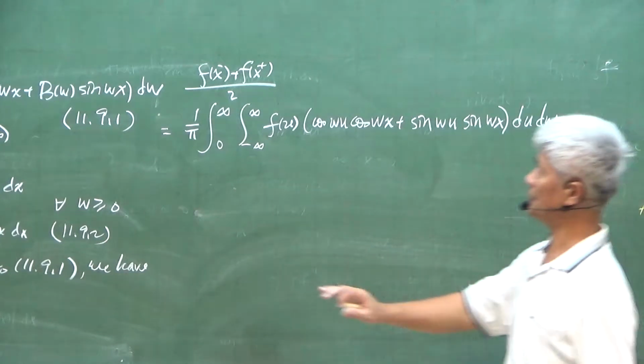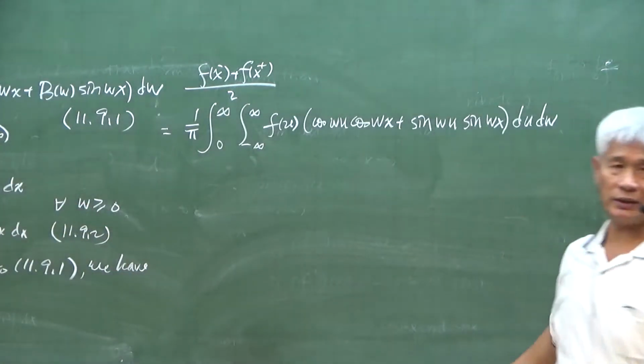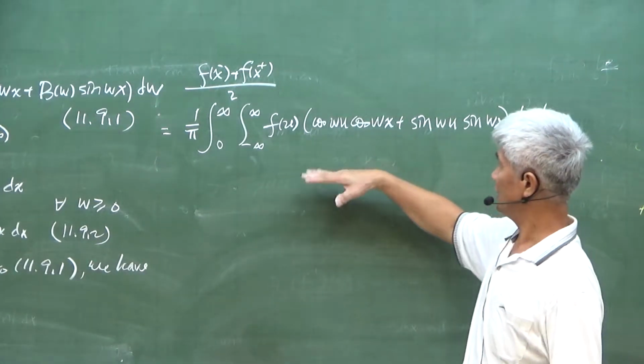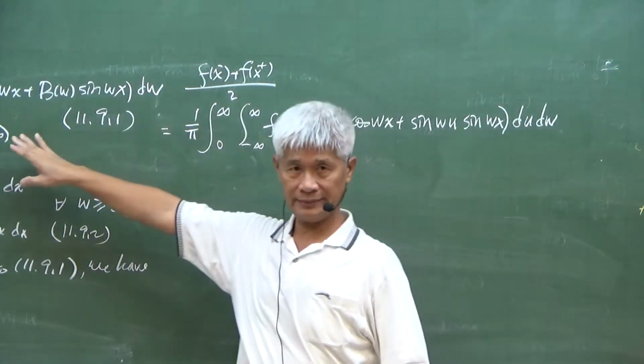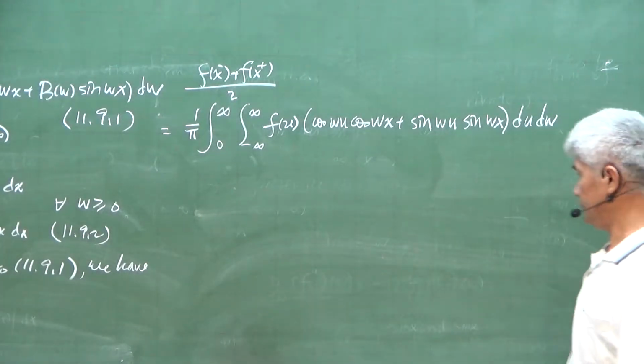So we just do the substitution. We have a double integral here. Remember, we derived this when we proved the Fourier integral theorem.